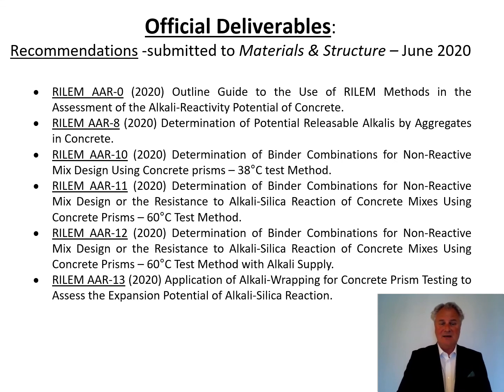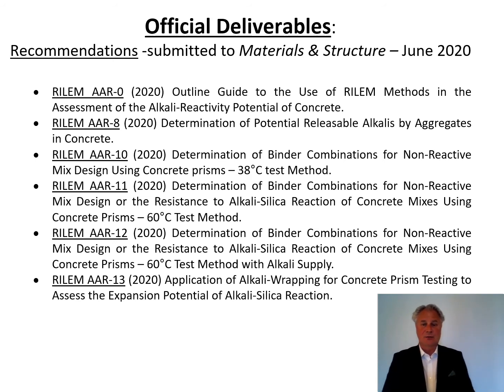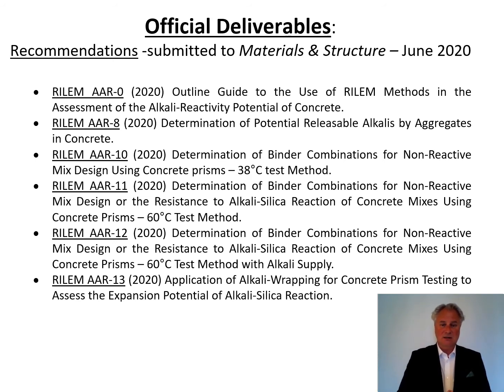We have AAR-11 and AAR-12, concrete prisms exposed at 60 degrees. And then finally we have this AAR-13 based on a Japanese procedure where the prisms are wrapped in an alkali solution. And all those recommendations were submitted to Materials and Structures in June this summer. So we hope they will be published during the months to come.